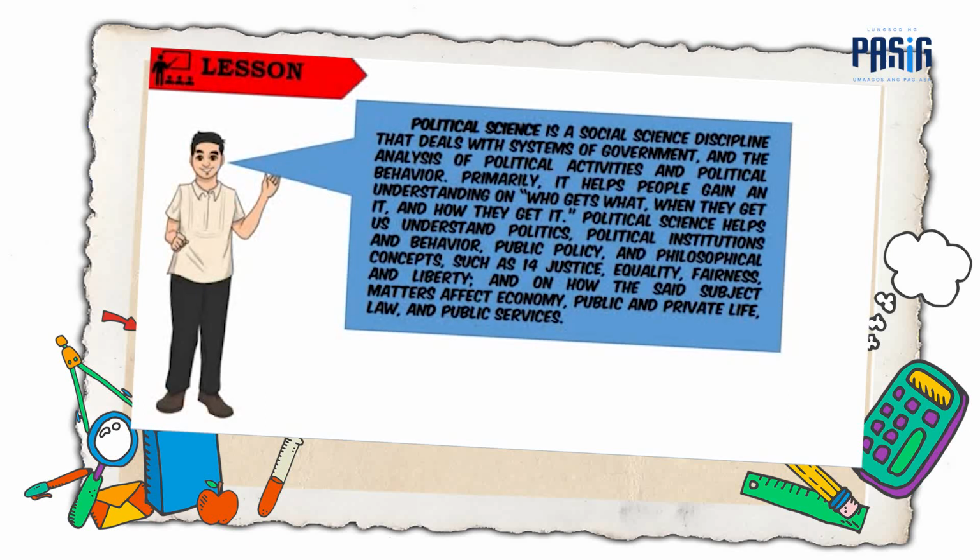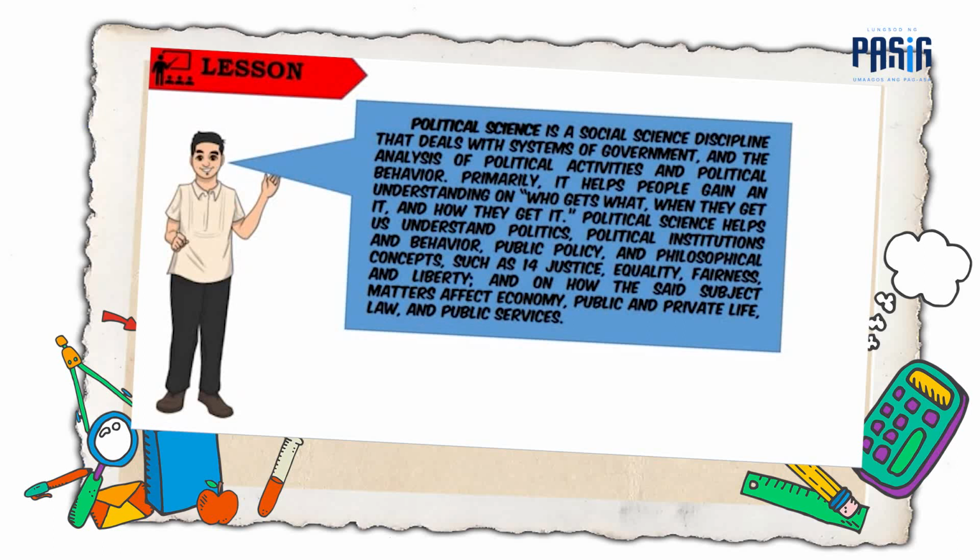Political science helps us understand politics, political institutions and behavior, public policy, and philosophical concepts, such as justice, equality, fairness, and liberty, and how the said subject matters affect the economy, public, and private life.